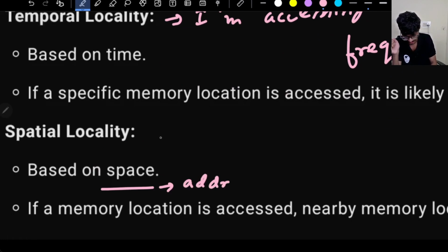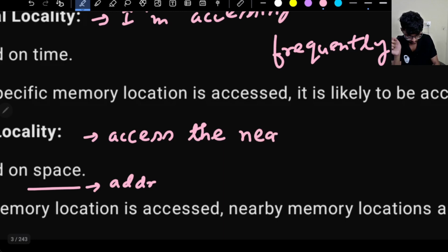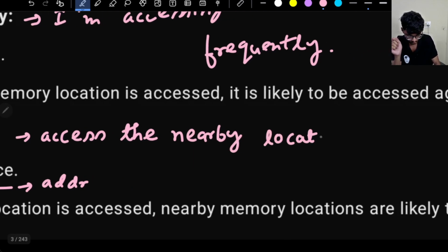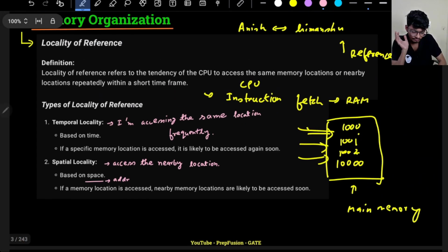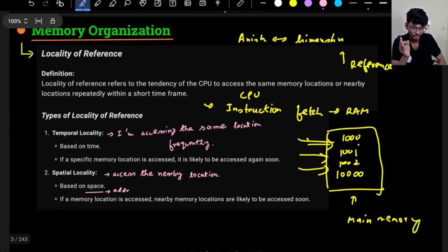So what does it mean basically? It means that if I have accessed location 1000, then I will likely access a nearby location like 1002. There is a high probability that the CPU will access a location near 1000 again.